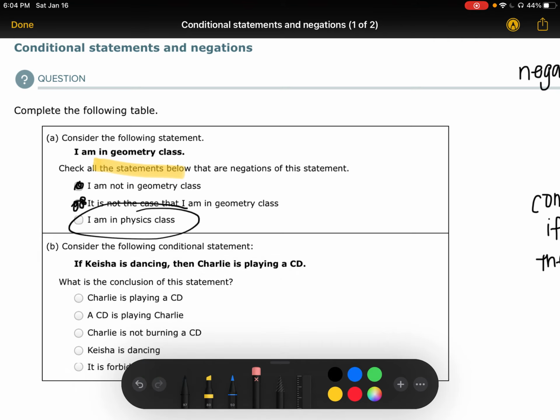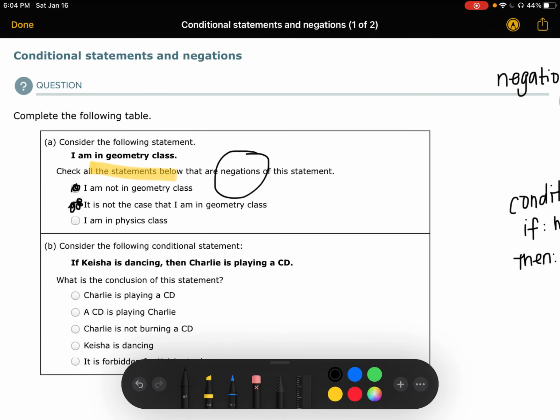Yeah, it could be an answer, but it is not a negation, and it's asking you for the negation of that. Another example: you could say I'm in a car. You don't want to say, I am walking, I'm on a bus. That could be an answer, but it's not all the possible things that you could have.